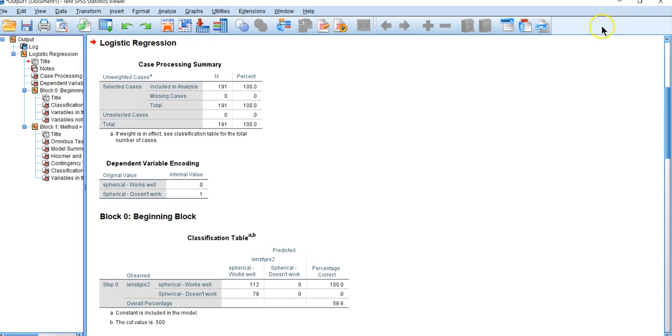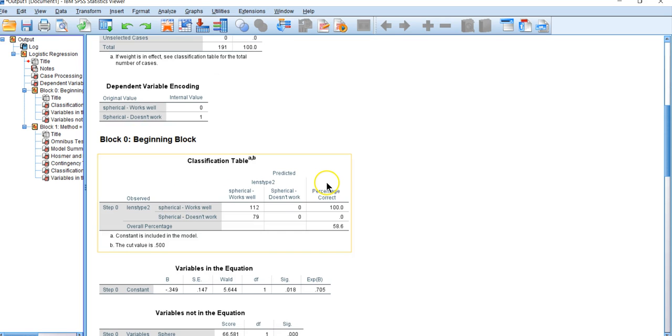All right. So we have 191 cases. Nobody's missing. Now, works well is 0, so doesn't work is 1. So higher coefficients are going to mean that's predictive of doesn't work. I think that's an important feature you have to keep in mind.